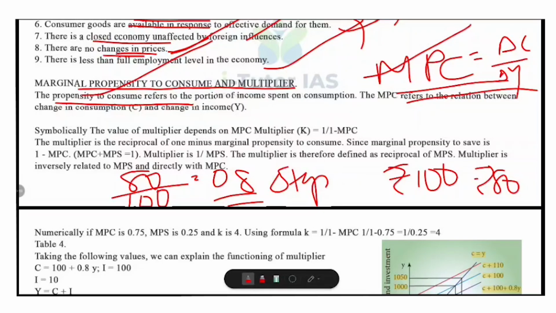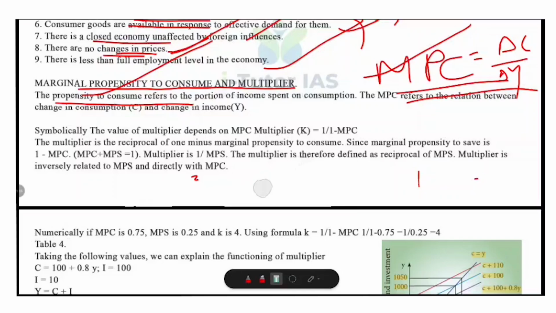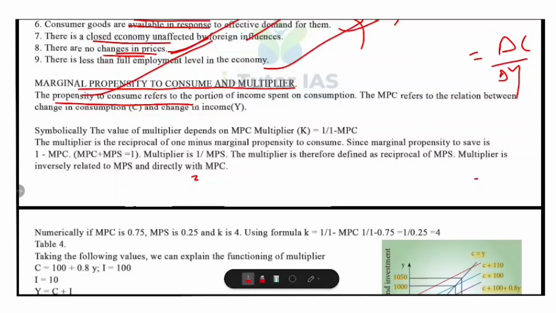Now the next step we want to study is the relationship between MPC and the multiplier. What is the relationship between MPC and the multiplier? Keynes proved that the size of the multiplier depends on how much people consume.